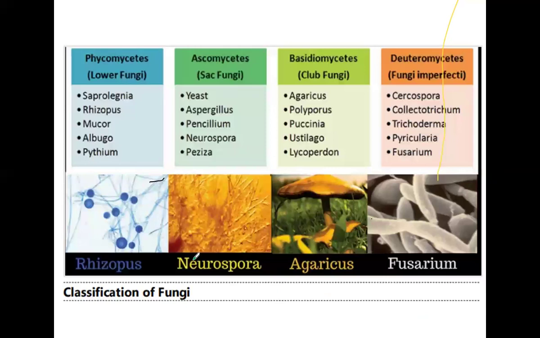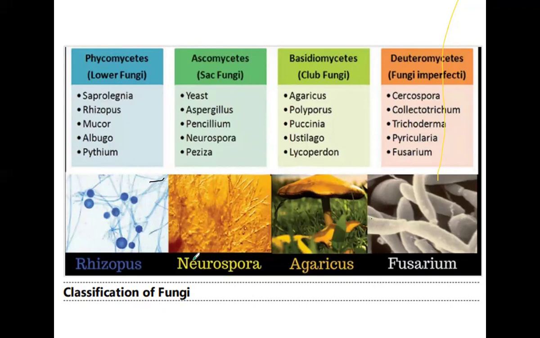Based upon pathology also divided. I already told you the lower fungi are also called phycomycetes. Why? Because they look like algae. Phyco means algae, phycology is the study of algae. Rhizopus, Mucor, Albugo, Pythium, Phytophthora, these all look like algal structures.